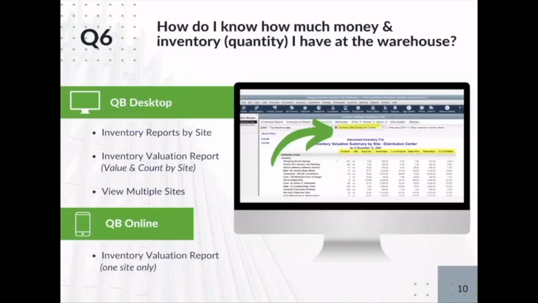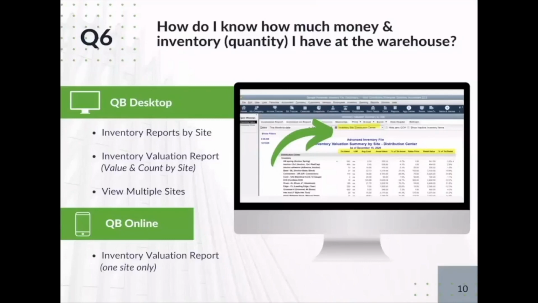Yes, so on the desktop version, what you see here in the image is our inventory valuation summary, where it shows how much we have on hand, which is our count, plus it also evaluates what the dollar value is. We can drill in and separate it out by a physical location, or maybe even more than one.